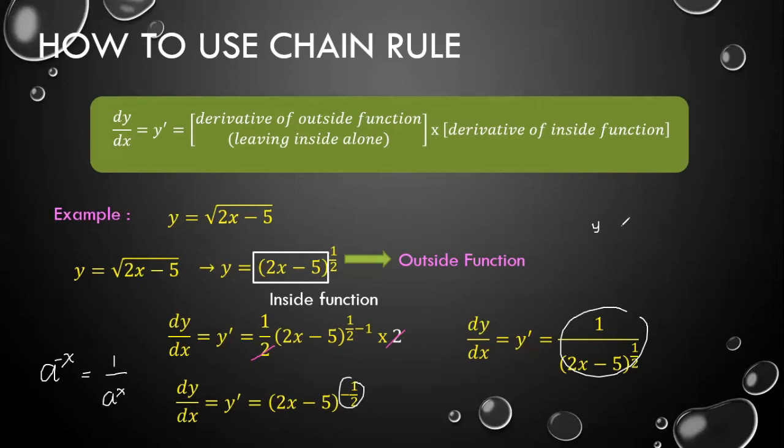y equals (2x minus 5) to the power minus a half. We can simplify: y equals 1 over (2x minus 5) to the power half. So the power now becomes positive.